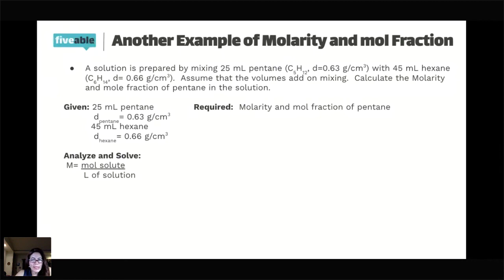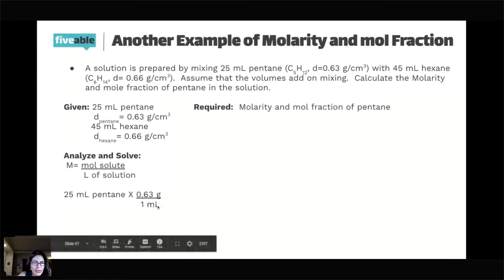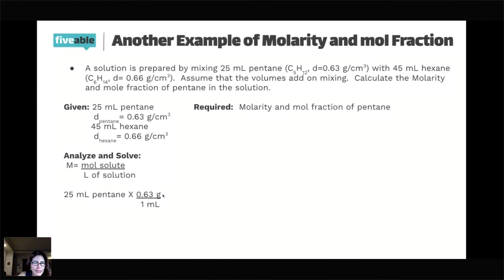We can start with the milliliters that they gave us, and then we can use the density. If we remember, grams per cubic centimeter is the same unit as grams per milliliter. So we can transform the units of grams per cubic centimeter to grams per milliliter. By doing this, I am canceling milliliters of pentane, and now I have grams of pentane.